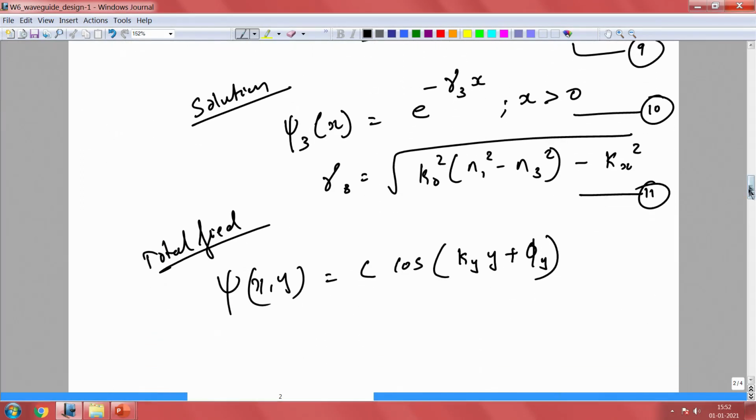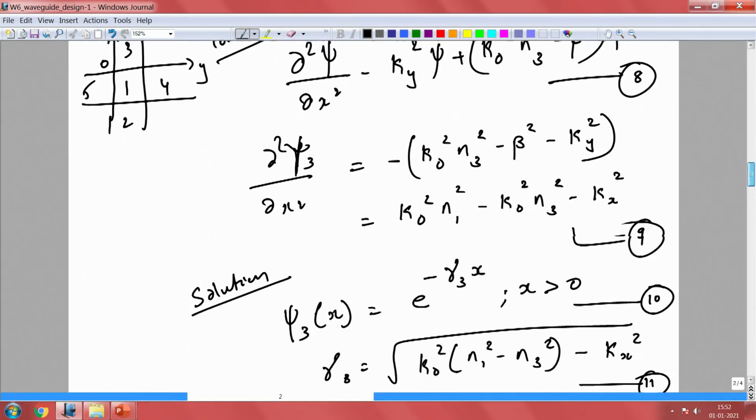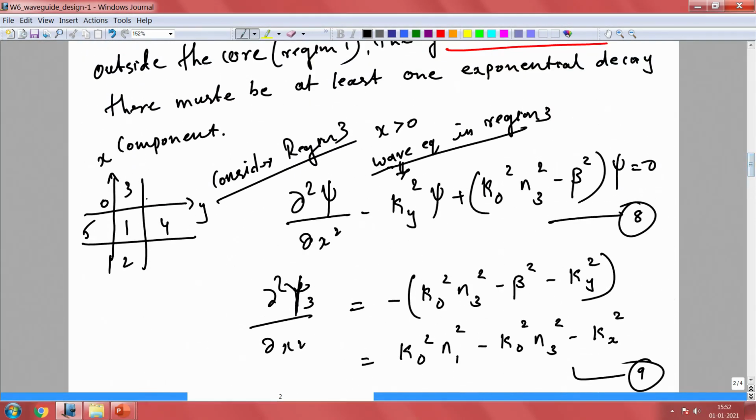But then the component that we just found for x, right. So e to the power minus gamma 3 times x. So this is for x greater than 0 and then y between 0 and let us say some width b. So we can put b here, let us say.